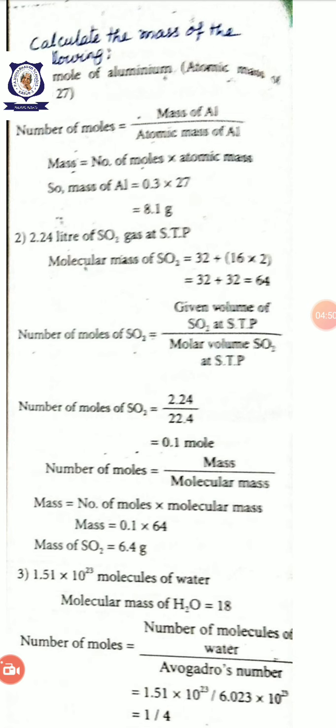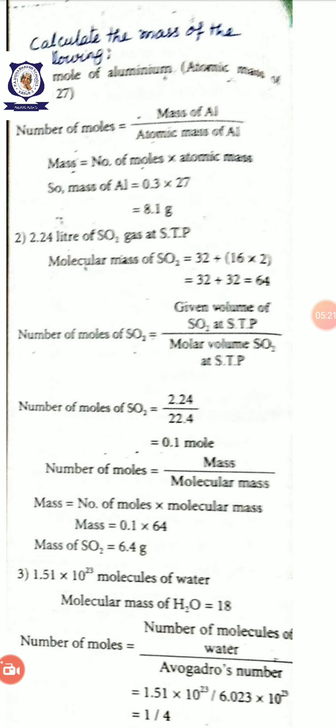See, how do you calculate number of moles? Given volume by molar volume. See, given volume 2.24 liter, molar volume just we calculated, it is 22.4. So we may get how many moles? 0.1 mole. So number of moles is equal to mass by molar mass. But we need mass. So mass is equal to number of moles into molar mass. See, already we have calculated molar mass of sulfur dioxide is 64.